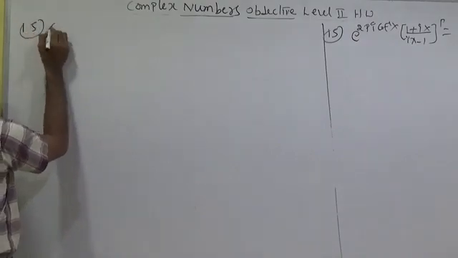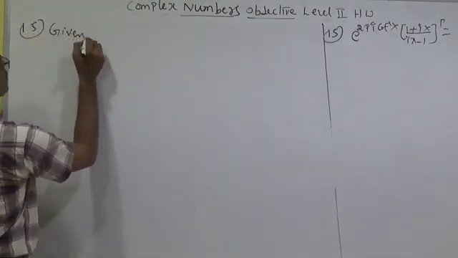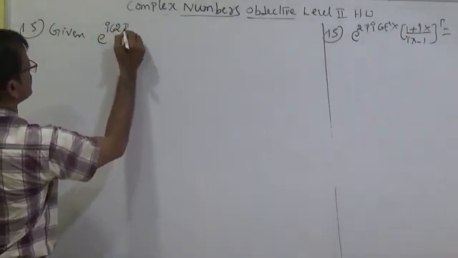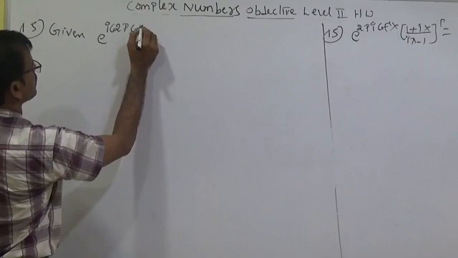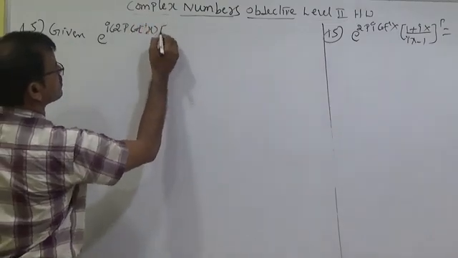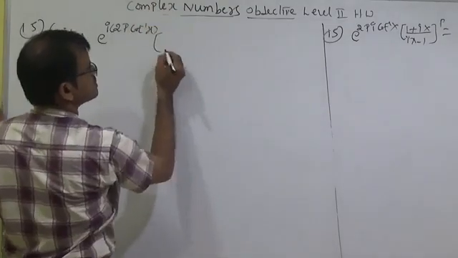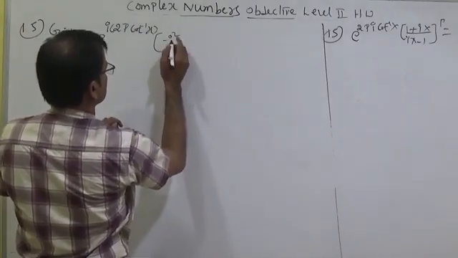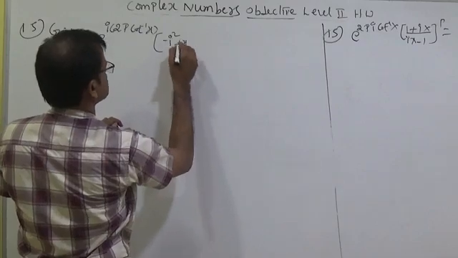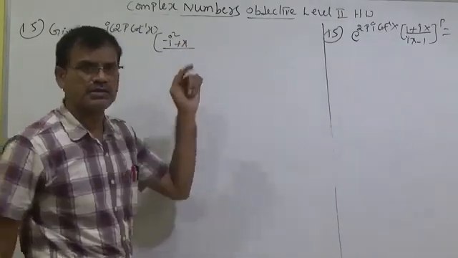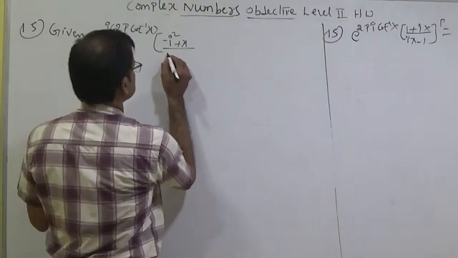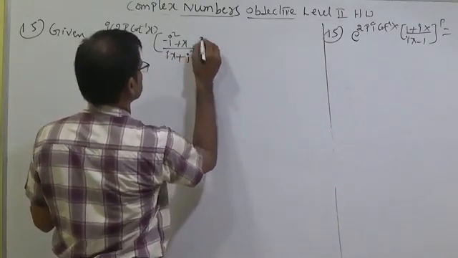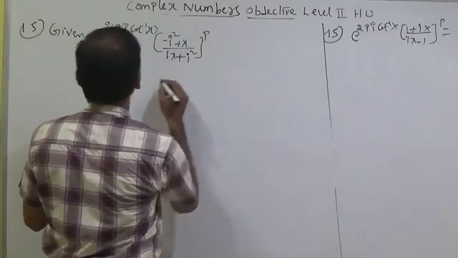Fifteenth question, given value. Write like this: e power i into 2p cot inverse x into, in general, write 1 as minus i square. So minus i square plus x in the numerator, and in the denominator ix plus i square, whole power p.